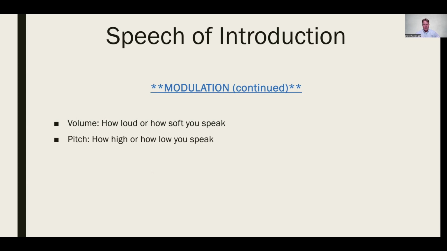Pitch is how high or how low you speak. Let me illustrate that for you. If we're really excited about something, like we're talking about spending a day at Disneyland, then our pitch goes up, right? We're excited about that, a higher pitch.